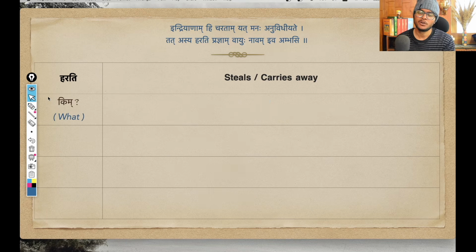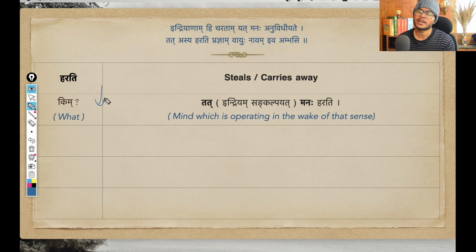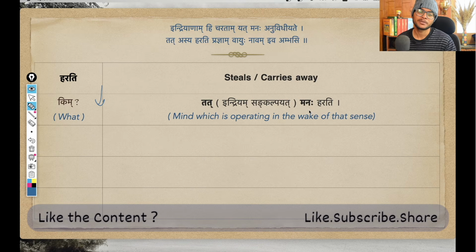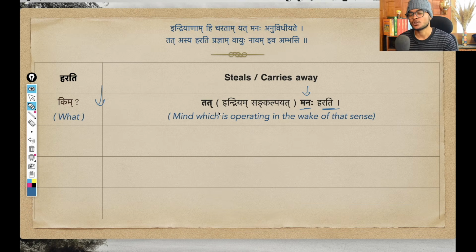So Harati means someone or something steals or carries away. And if you move on, Kim Harati. The subject of this Kriya Pada is Manaha Harati. The mind steals, the mind carries away. But then we have some additional information, and that is this Tat Indriyam Sankalpayat Manaha Harati. That the mind which is operating in the wake of that sense. Which sense? That sense which is being followed. I hope you are getting how this entire grammatical structure is.